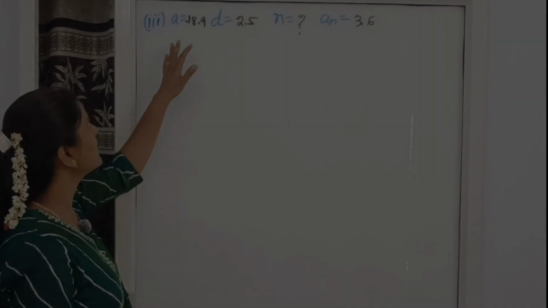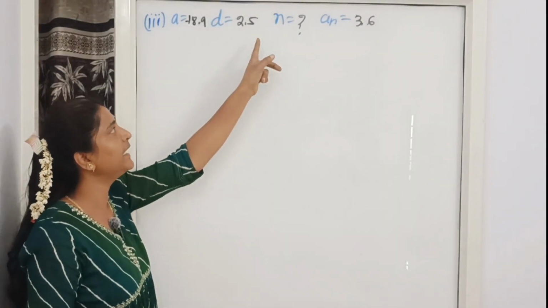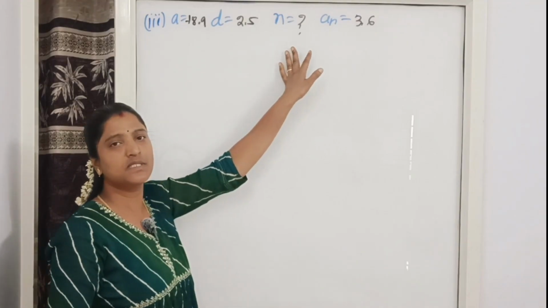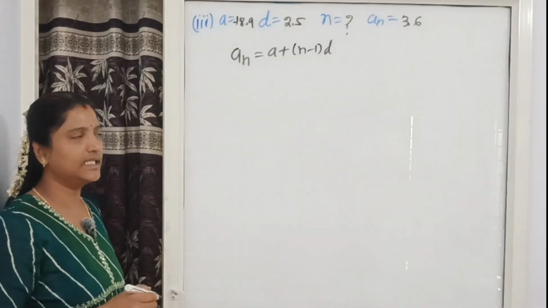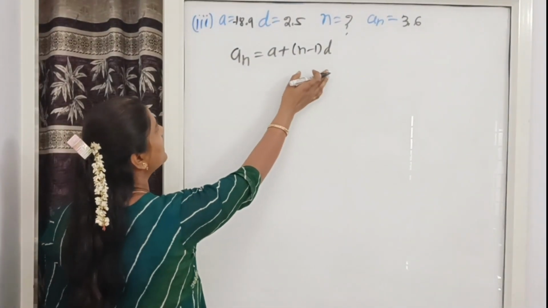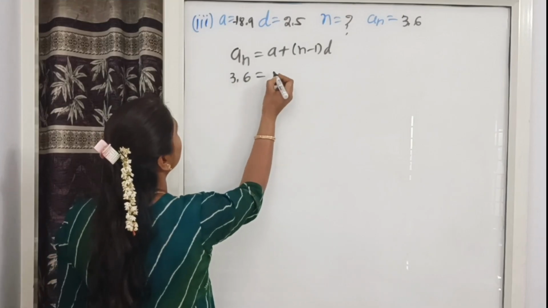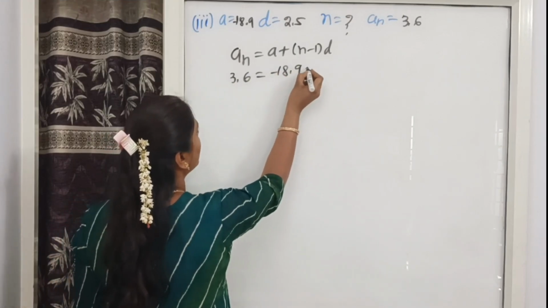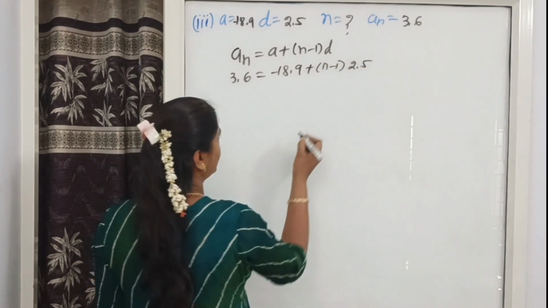Next question: A is minus 18.9 and D is 2.5, and N, the number of terms in this AP, we need to find out, and the nth term is 3.6. The nth term formula: an is equal to A plus n minus 1 into D. The nth term is 3.6, A is minus 18.9, N we need to find out, and D is 2.5.